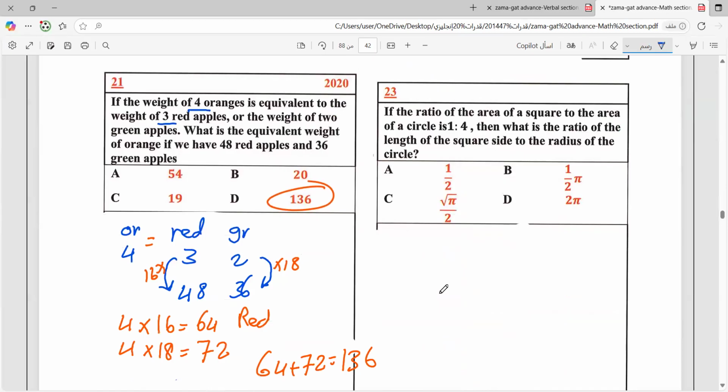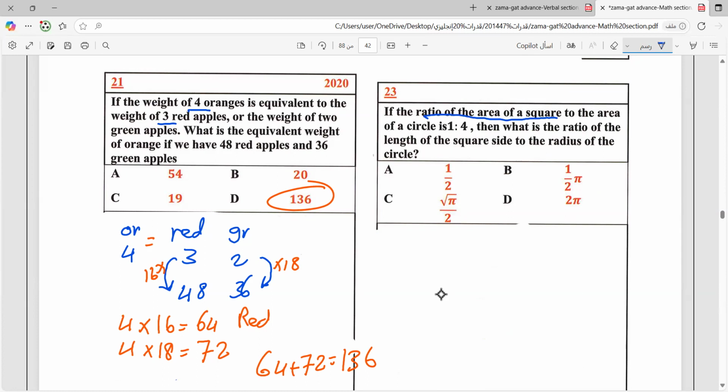Right. Okay, last one for you, Yasmin. Number 23. The ratio of the area of a square to the area of a circle is 1 to 4. Then what is the ratio of the length of the square side to the radius of the circle? Yes, so here, the same. But why is there no pi next to the 4?